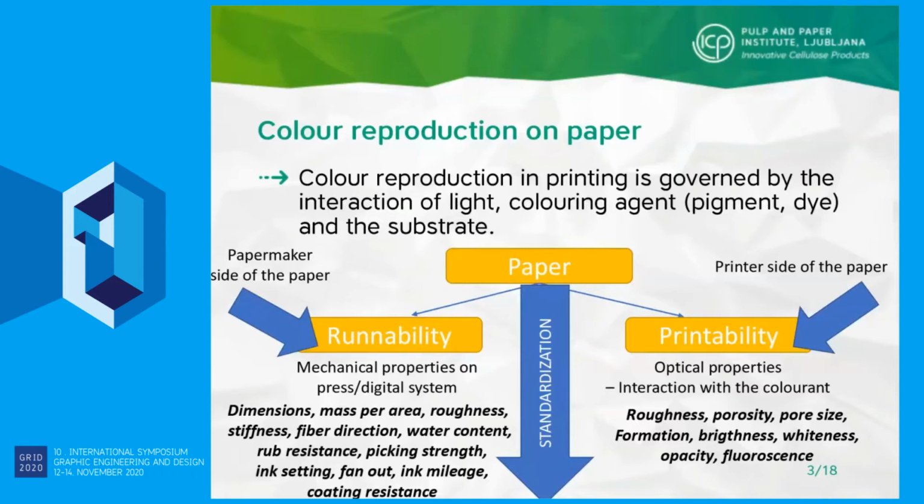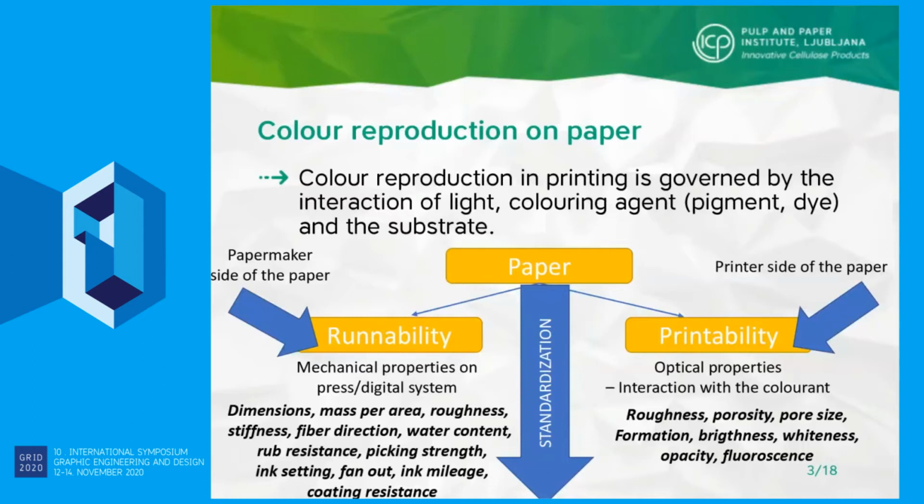While the printers, and I think a very large part of the printing industry, is all about printability, the optical properties, the interaction with the colorant. They are measuring roughness, porosity, pore size, formation, brightness, whiteness, opacity, fluorescence, because these properties influence the LAB values, they influence the delta E values, and this is what they communicate with their customers further.